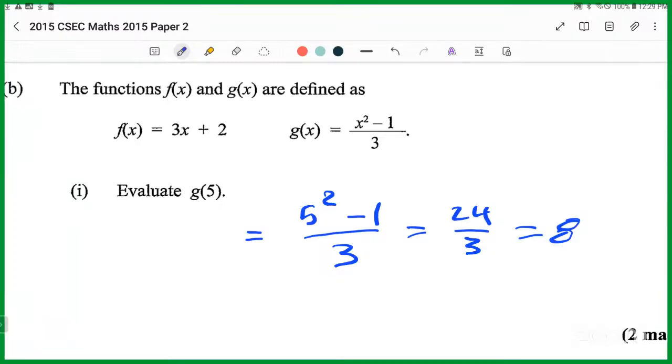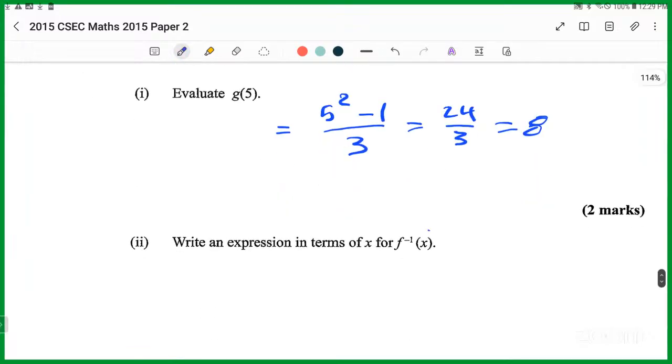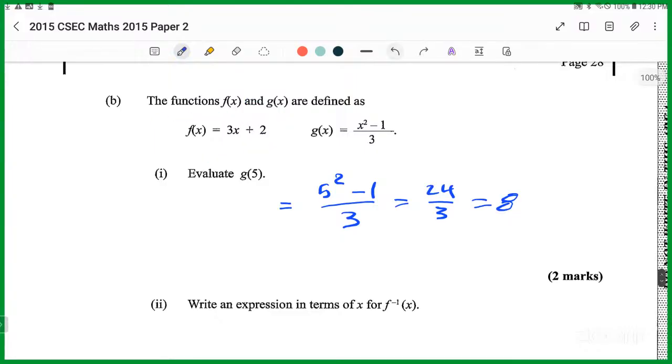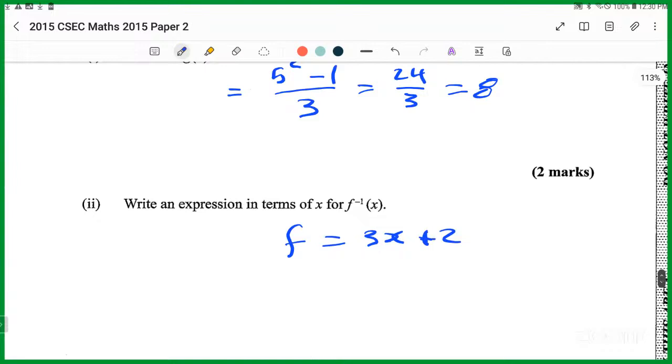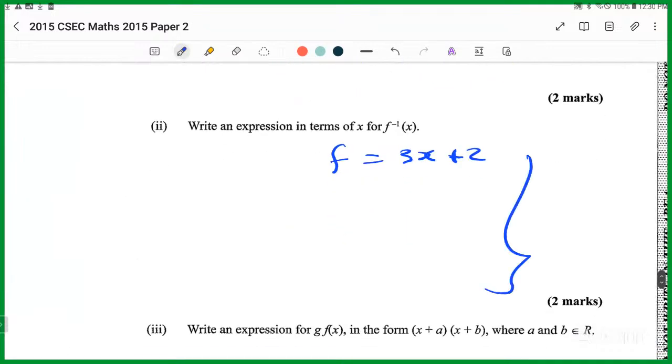Yes, sir. Alright, nice. Then I want f to the minus 1 of x. Same thing again. This is the function, I'm going to inverse it. So let's start by saying f equals 3x plus 2. That's it, right? And you see, we don't have a lot of space, so we'll be very efficient with the work. We inverse it. The f, which is range, becomes domain on the inverse. 3 times this x, which is domain, now becomes range on the inverse. So x equals 3 times f to the minus 1 plus 2.